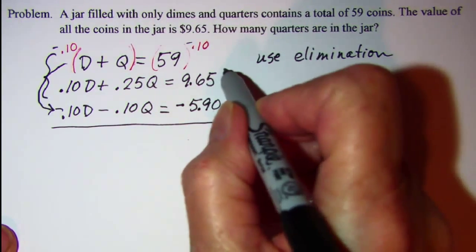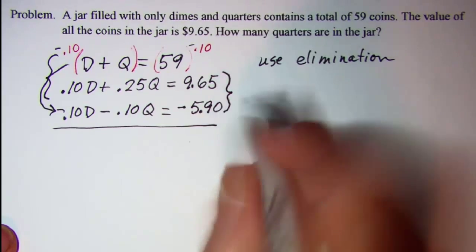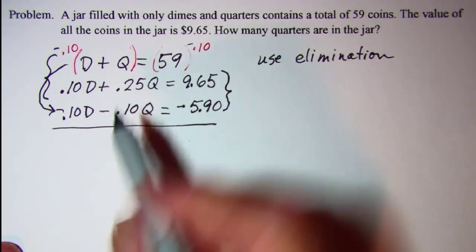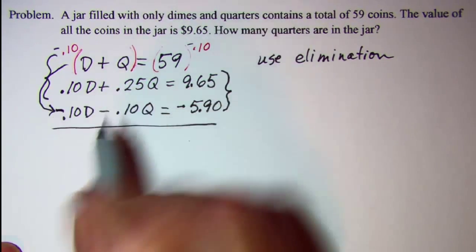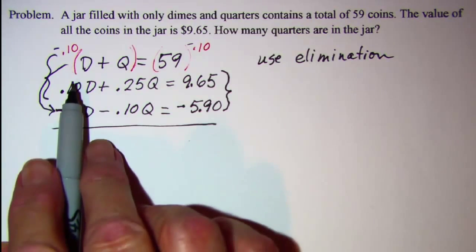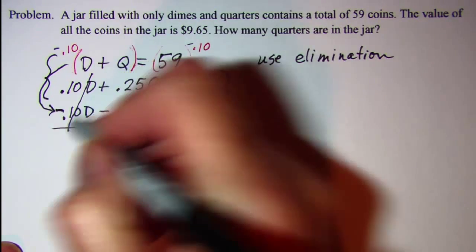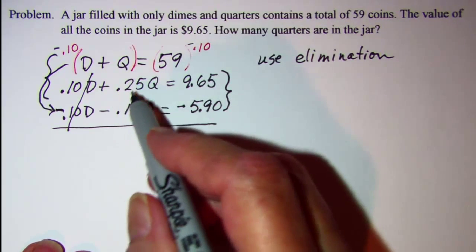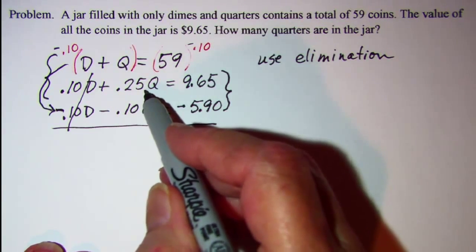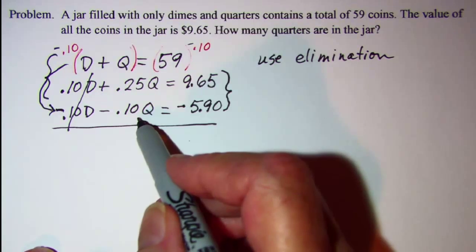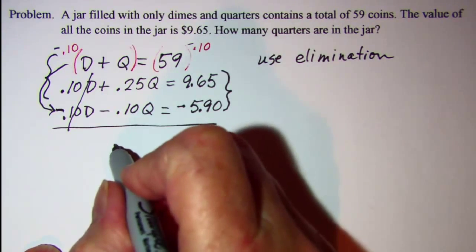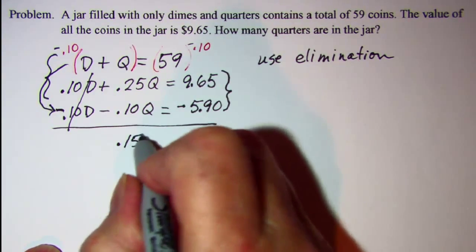So now I'm using these two equations. This one is a negative 0.10 and this one's a positive, so those will cancel. And then a positive 0.25q and a negative 0.10q is 0.15q.